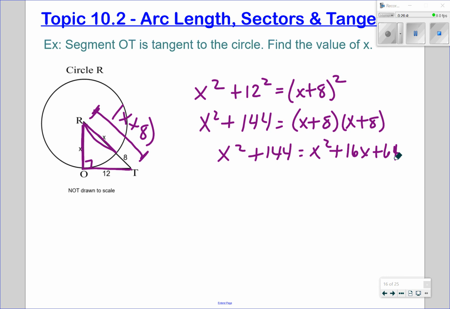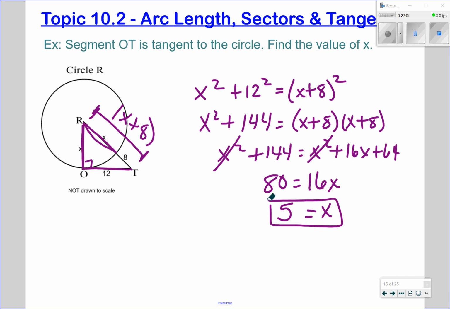Okay, your x squareds are actually going to cancel. And then if you subtract the 64 from the 144, you should get 80 equals 16x. If you divide then, you get x equals 5. So the radius of that circle is actually 5.